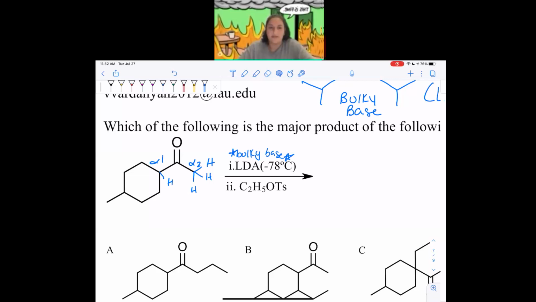So, great. Now that we got that out of the way, does anyone remember what an OTs group is? So this is something we talked about, but it was a while ago. I'll give you a moment to think on it.